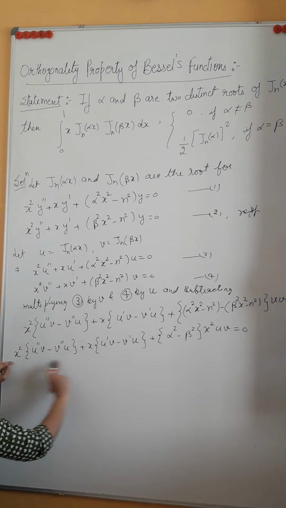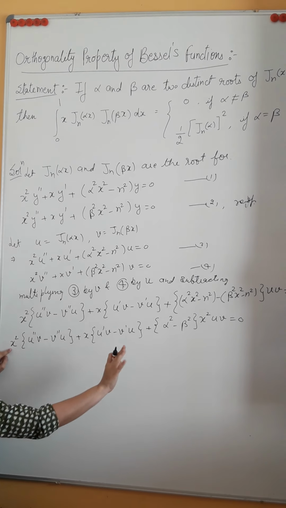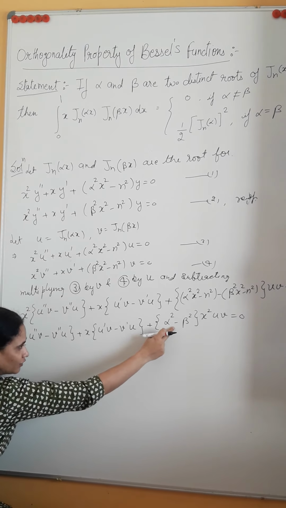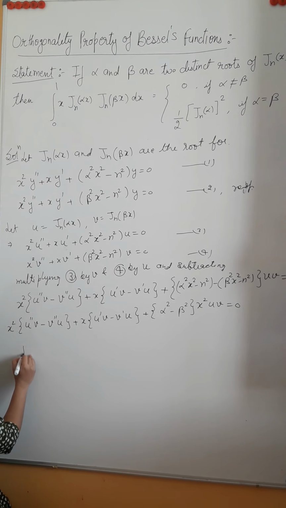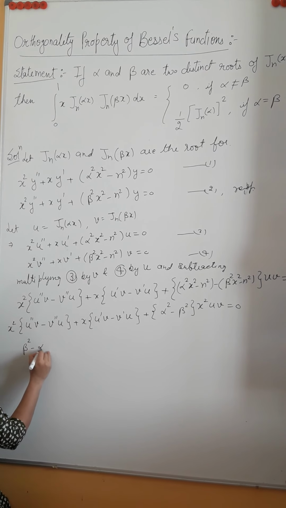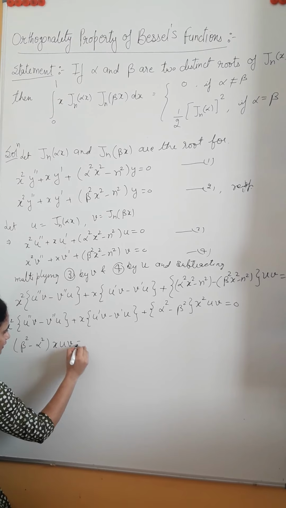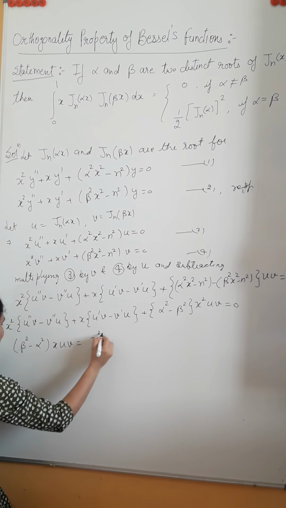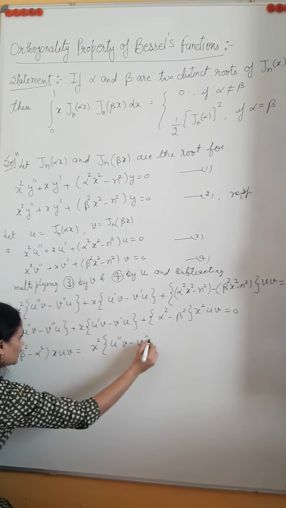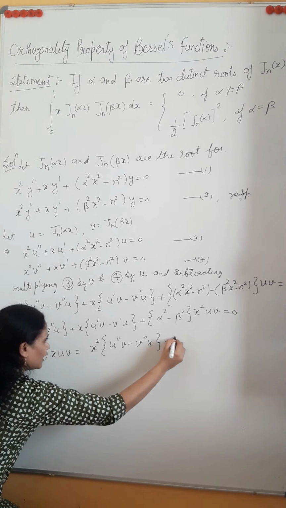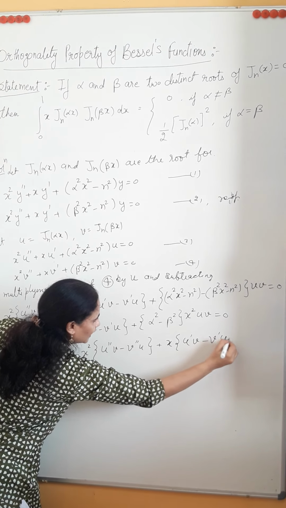Now we see that x is common throughout. If we take this x common, that will be resolved, and we can separate the u v term. So I can write (beta square minus alpha square) x u v is equal to x square (u double dash v minus v double dash u) plus x (u dash v minus v dash u).